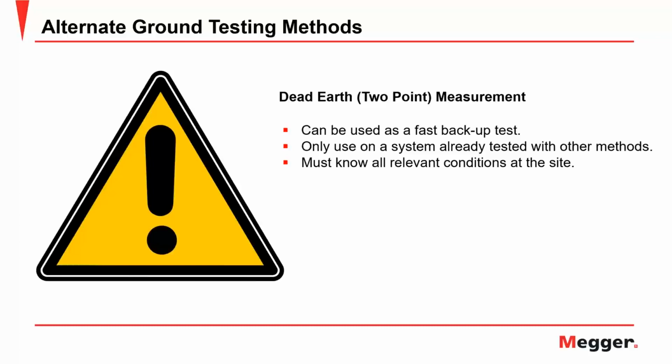But one thing that I should mention, something that is a little bit on your side in this situation, is that the 2-point measurement is mentioned in the IEEE Ground Testing Standard 81. It doesn't endorse it. It does list the limitations to it.